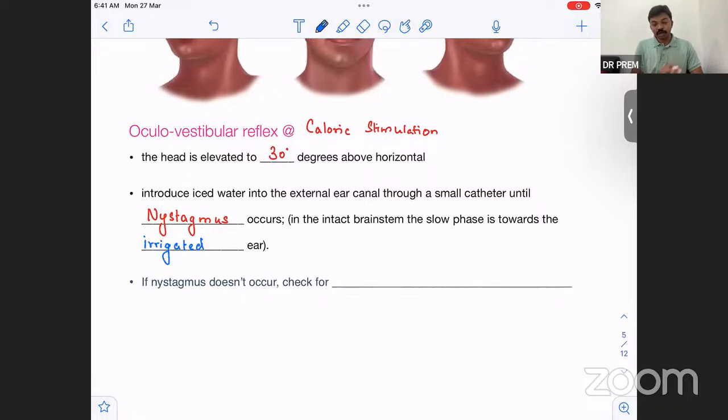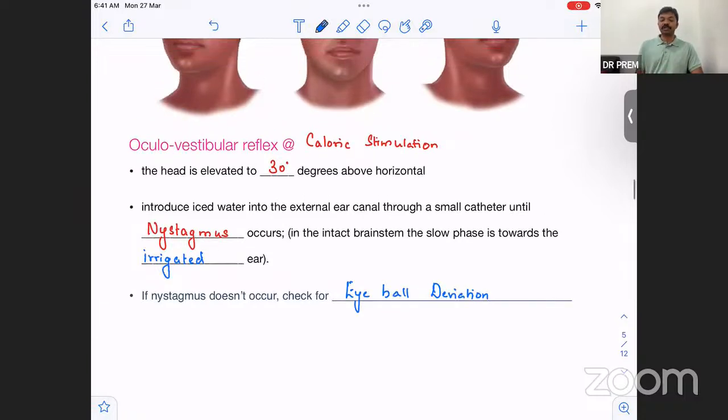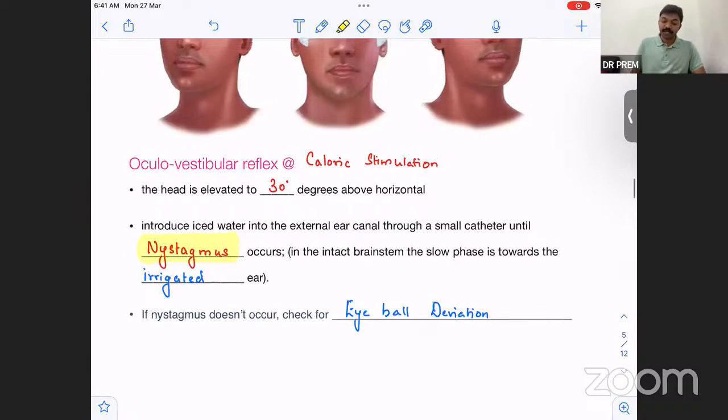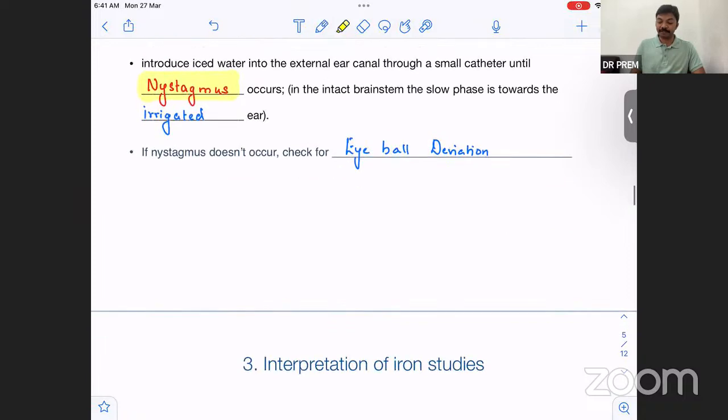And if you're not seeing nystagmus, if there is a lesion, at least you have to look for eyeball deviation. You've got to look for eyeball deviation, doctors, and this is the oculovestibular reflex, and the normal response is going to be nystagmus. All right, this is the oculovestibular reflex.